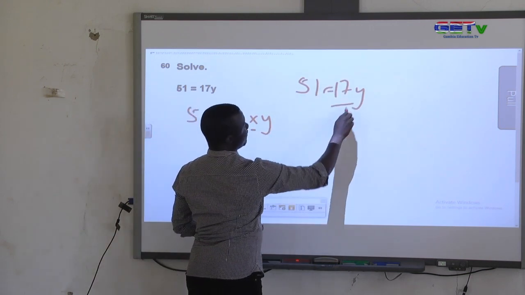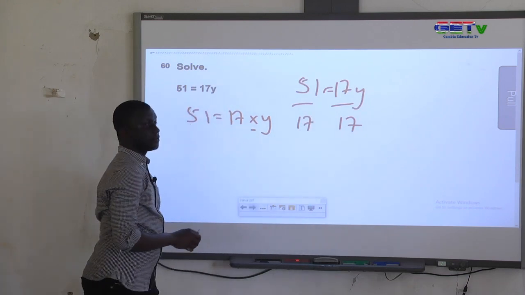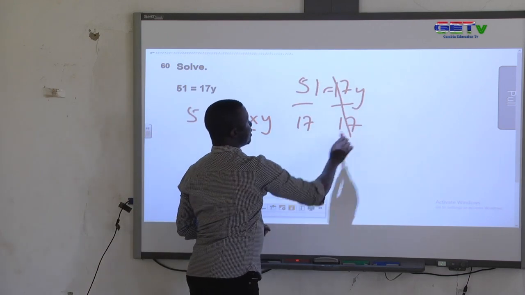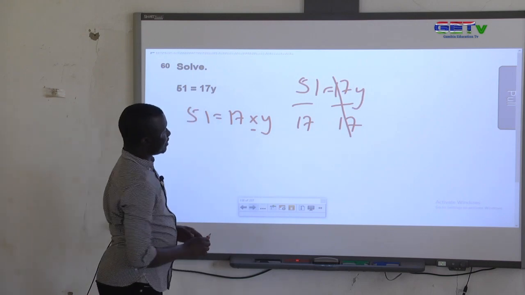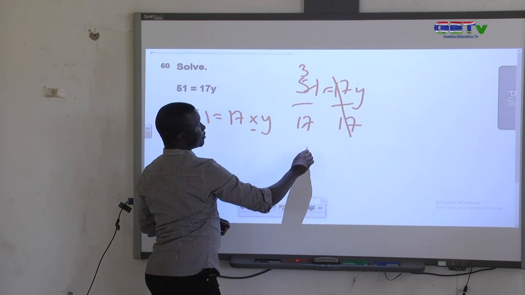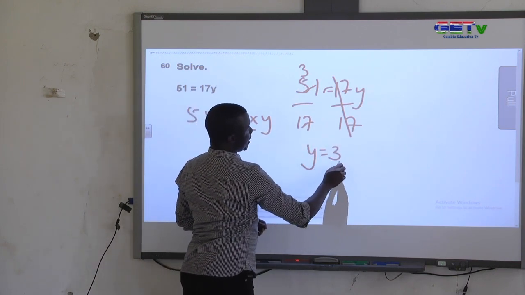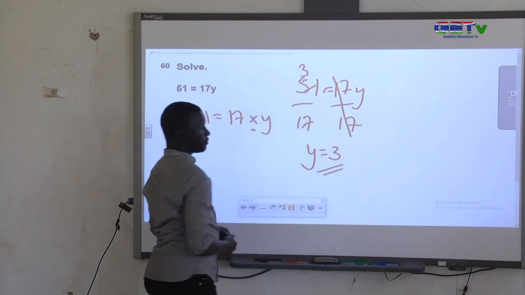All we need to do is divide both sides by 17. 17 cancels out, 17 undoes 17. 17 goes into 51 3 times. So therefore, y equals 3, or 3 equals y.